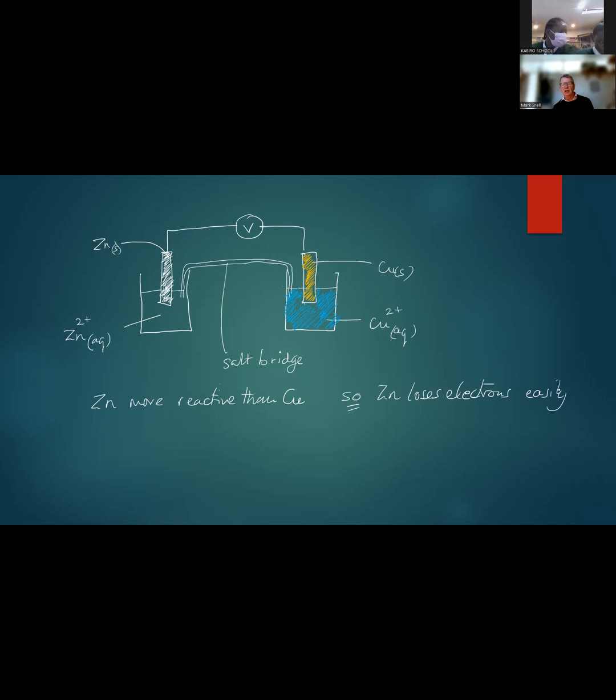So zinc loses electrons easily. So what happens is that the zinc turns into zinc ions and electrons. So in the left-hand cell, the zinc turns into solution. It dissolves, okay? That's quite a difficult idea, but it turns into the solution.